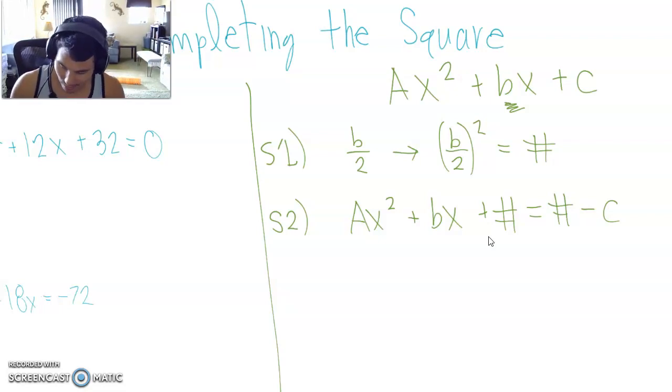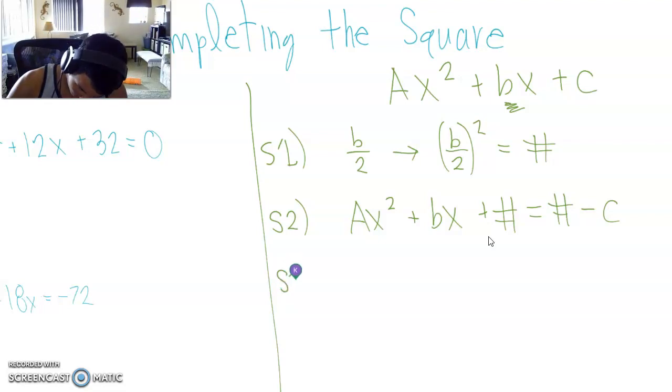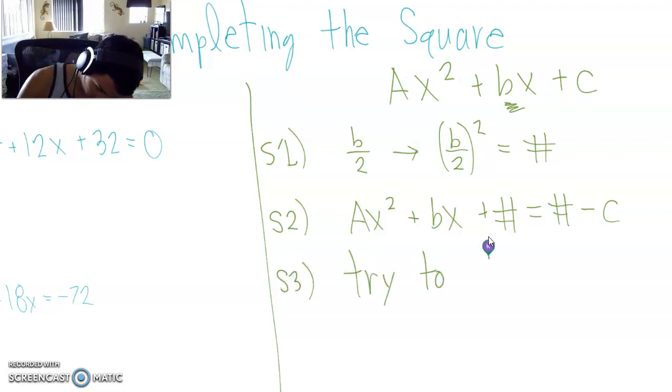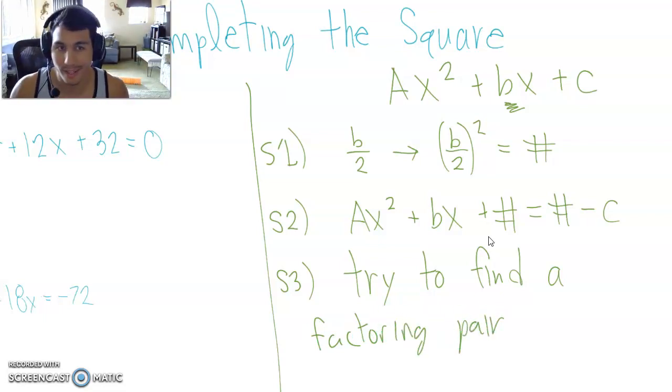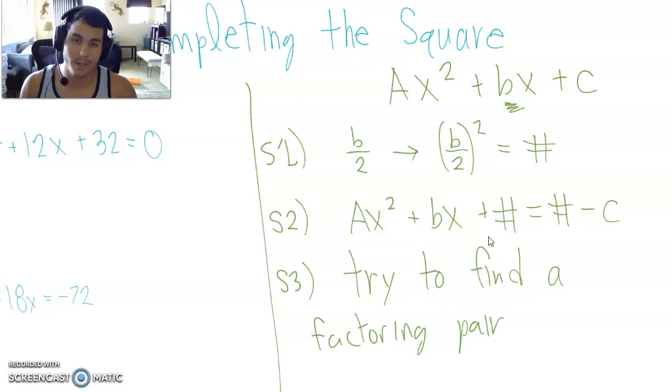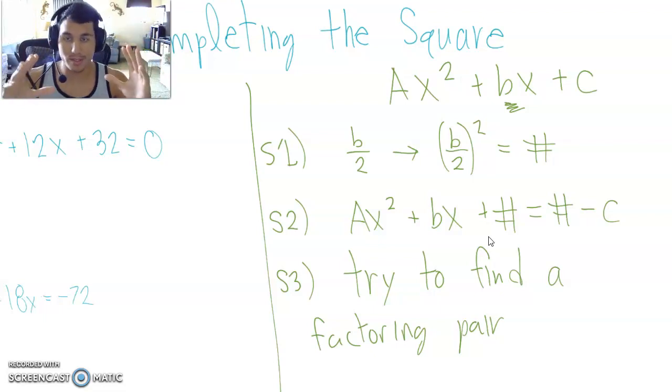In step 3, I mean, there's a little bit more to it, I guess, is you try to find a factoring pair, right? So that's where we kind of got to hope that we get a factoring pair, your classic x plus 1 parenthesis, x minus 1 parenthesis, right?